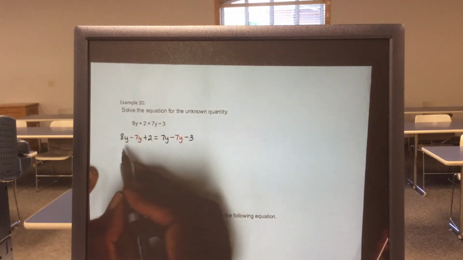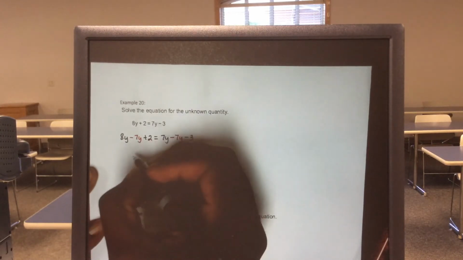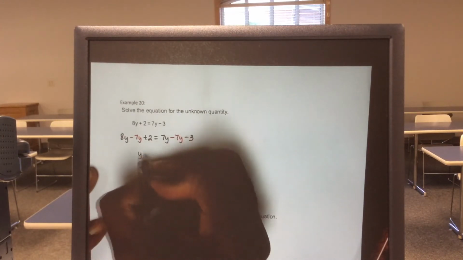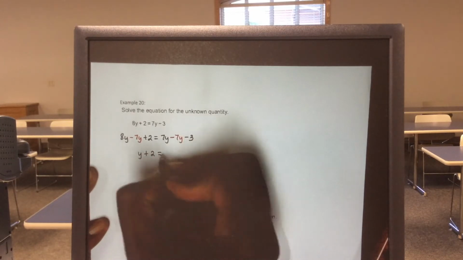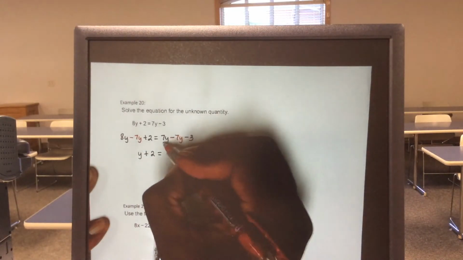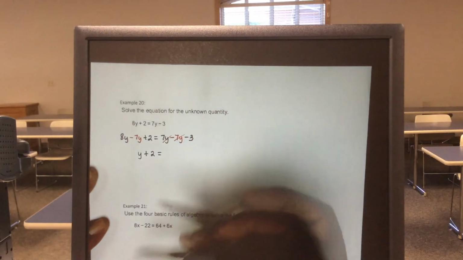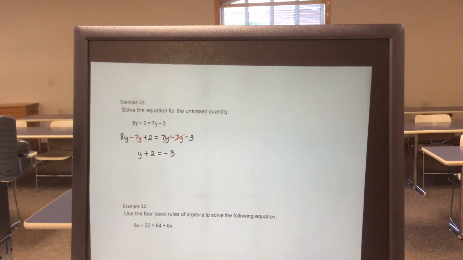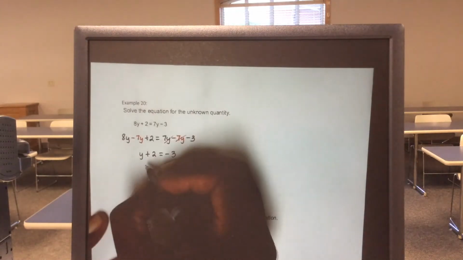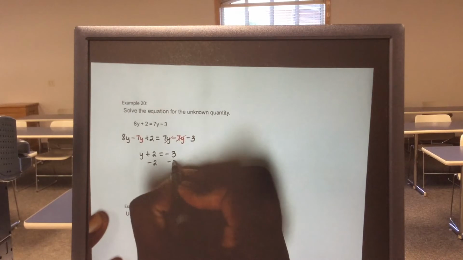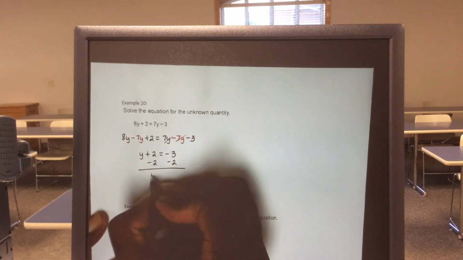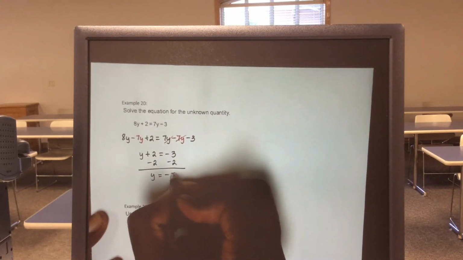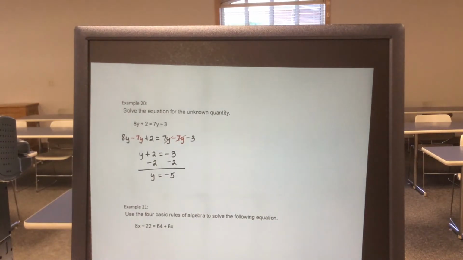And you're going to see when I do 8y minus 7y, that's going to give me 1y, or just a y, plus 2, equal to, these 7y's are gone, I'm left with negative 3. And then to get the y by itself, I'm adding 2, so I need to subtract 2 on both sides. So here y is equal to, now when you do negative 3 minus 2, you're going to end up with negative 5.